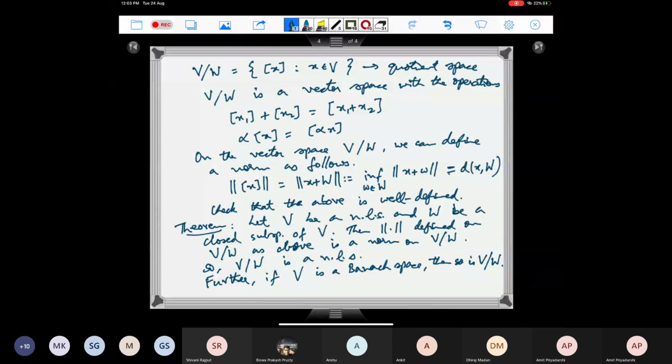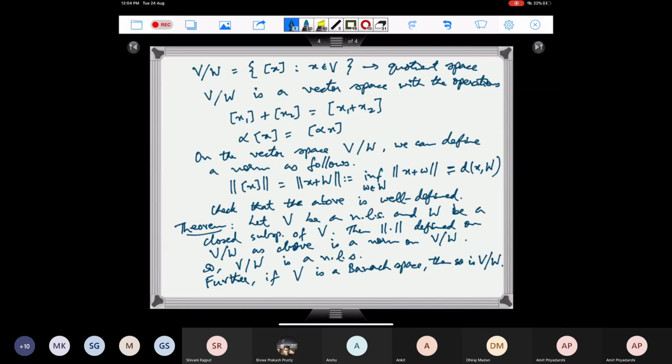I have overshot the time, so let me stop here. You can try to prove this theorem yourself also. Once you have defined it, it's just verifying the things. Maybe the completeness part at least I'll show next time.